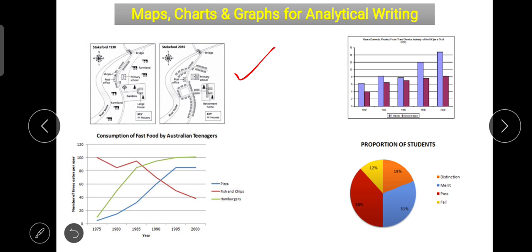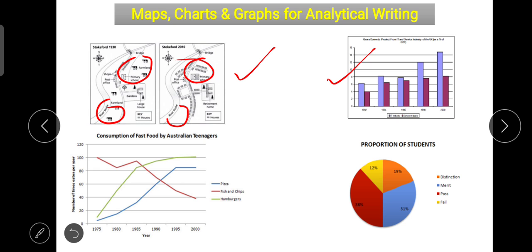Here obviously we can see some changes, some signs over here, but over here they are missing. Here is a different format, and the layout is changing a little bit. So in this way we need to mark all those striking changes and features and then take them down in point form. Later on we need to elaborate them and it becomes our paragraph.